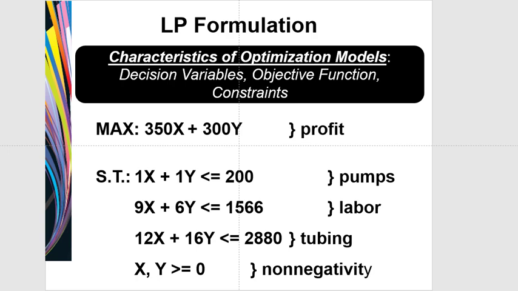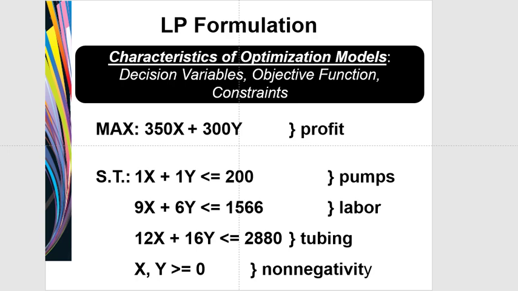In optimization models, your intention is either to maximize a particular value, for instance, in this case, they want to maximize profits, or to minimize a particular value, which could be, in a company situation, the costs of operations.